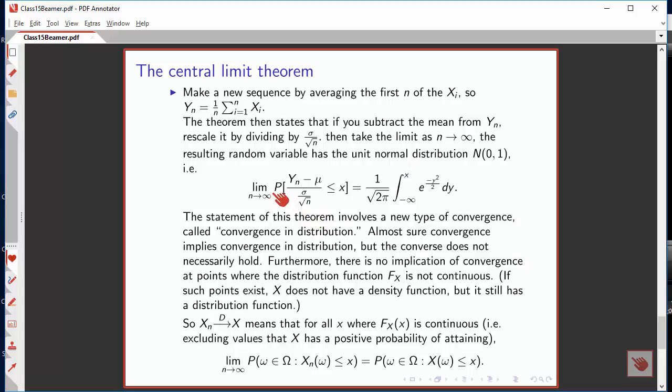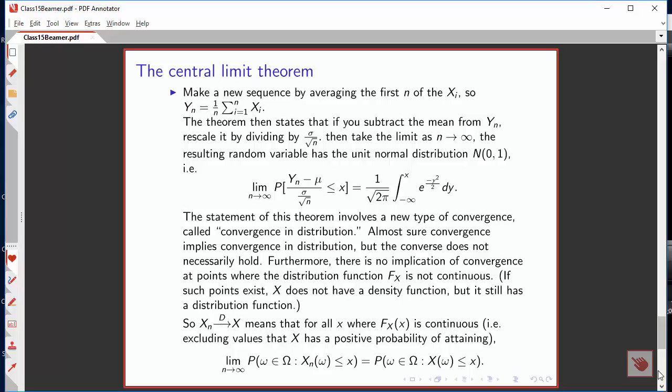In other words, if you ask, what is the probability that when you take Y sub n, this average, subtract off the expectation mu, and rescale, that you get something that's less than or equal to x? The answer is you can compute that by integrating the density function for the standard normal distribution from minus infinity up to x.